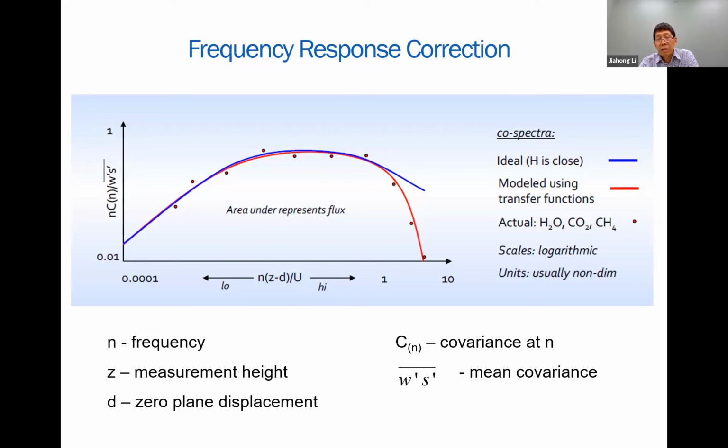There's no sensor separation, time delay, and other frequency response related issues. So with the true co-spectral and the configuration of the EC system, we can estimate the spectral attenuation of each flux and then correct fluxes.